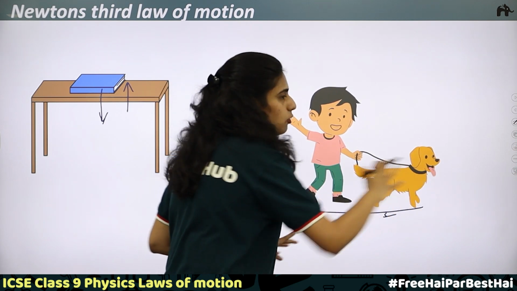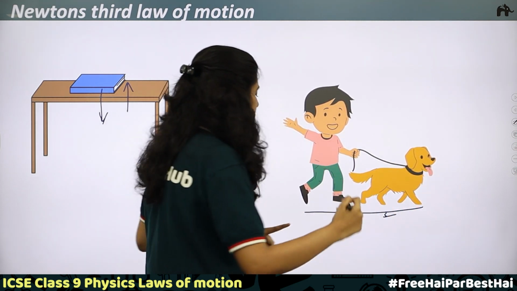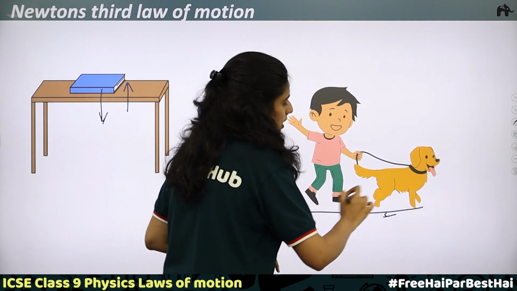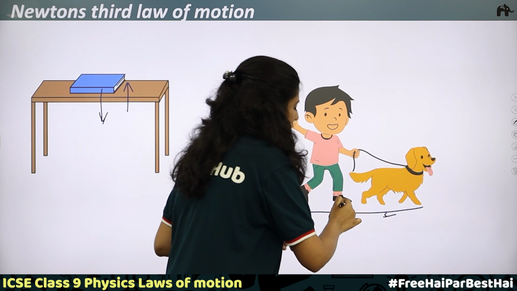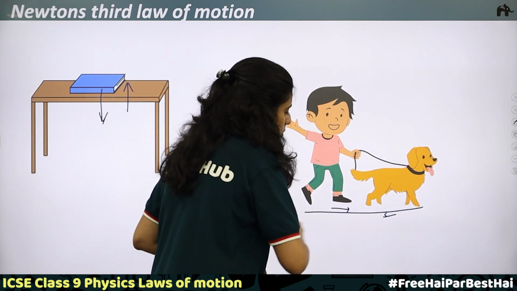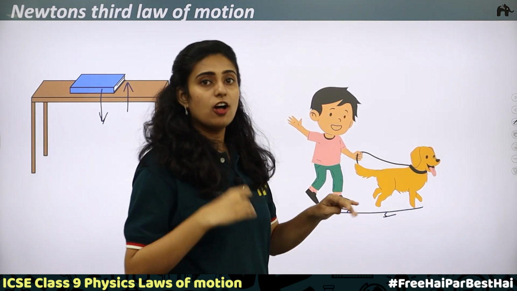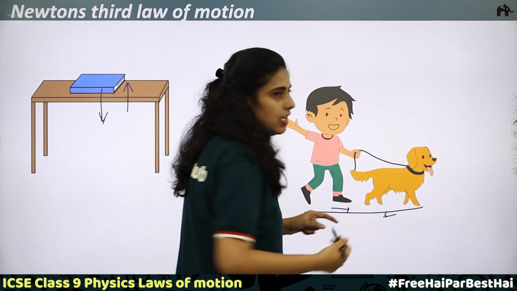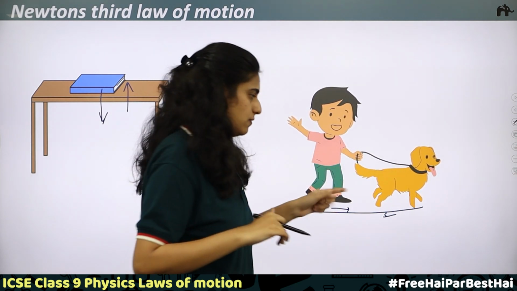For them to move forward, the ground is applying an equal and opposite force on the foot to move him forward. So, there are equal and opposite forces. One is in the backward direction, the boy applying force on the ground. And in the forward direction, the ground is applying a force on the boy's feet.